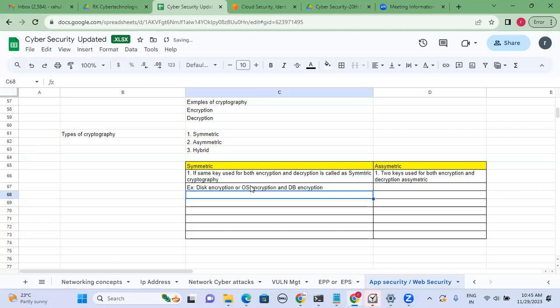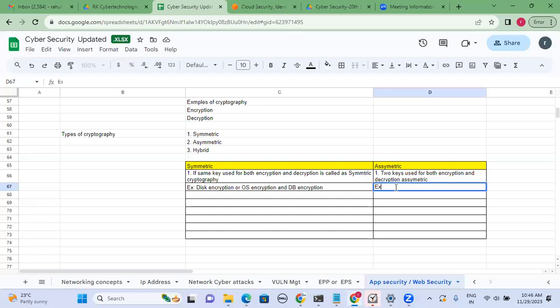In our day-to-day life, we have the home. If we want to lock our door, can we use two different keys or the same key for door locking? Same key, sir. Yes, the same key we use for locking as well as unlocking. So that also falls under symmetric in our day-to-day life.